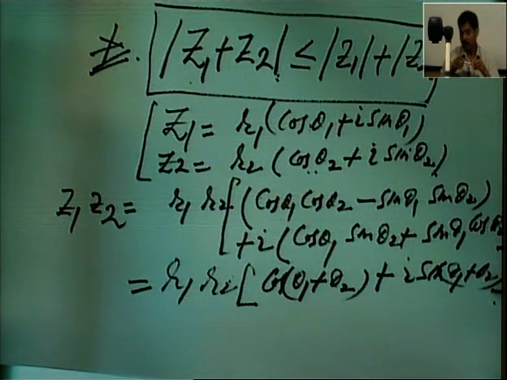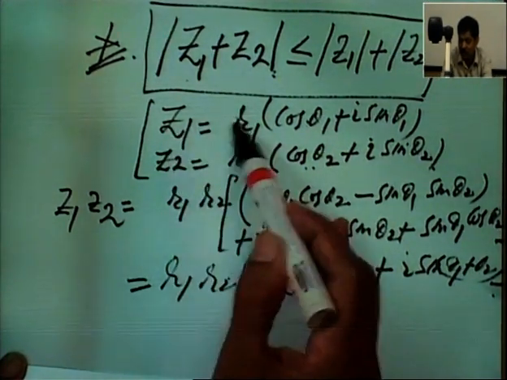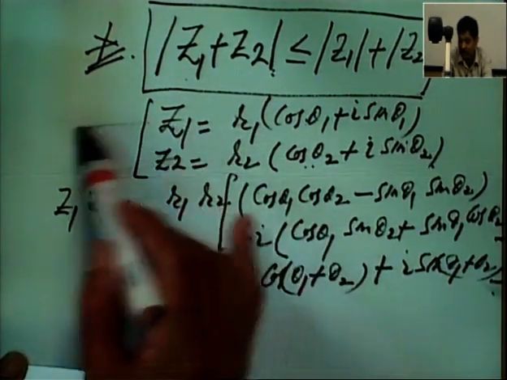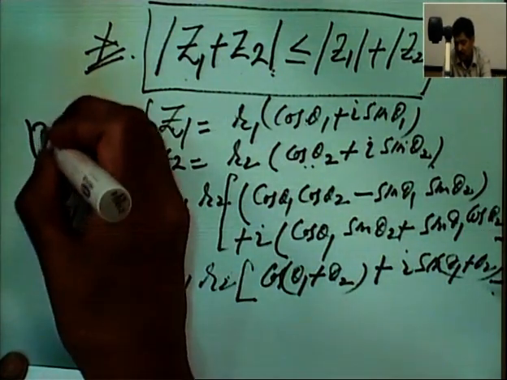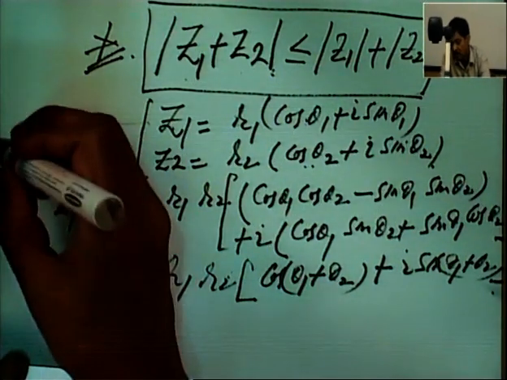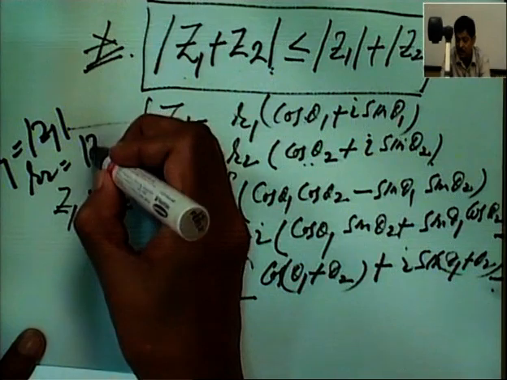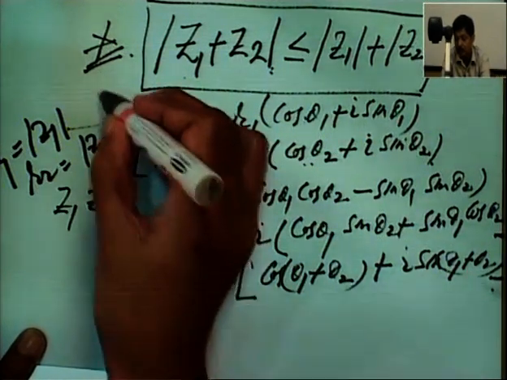Now you look, this r1 is your mod of z1, and similarly r2 is mod of z2.